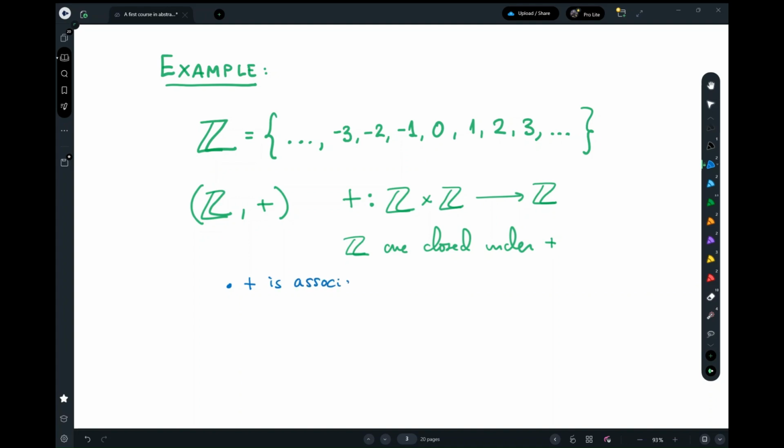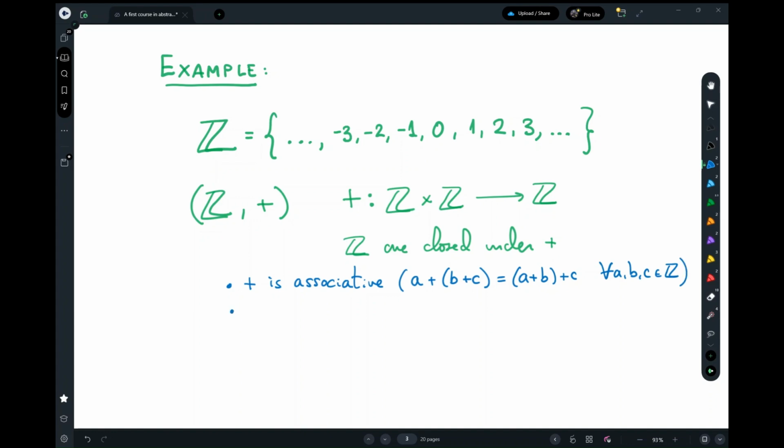That is a property that we take for granted many times, but it's really important. So what does that mean? It means that (a + b) + c is equal to a + (b + c) for any integers a, b, and c.